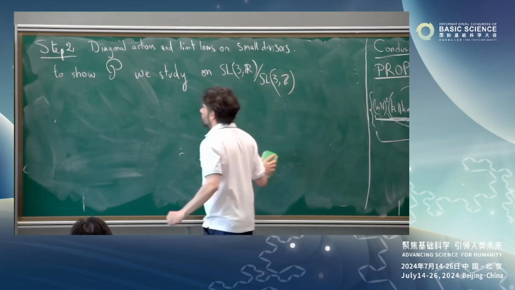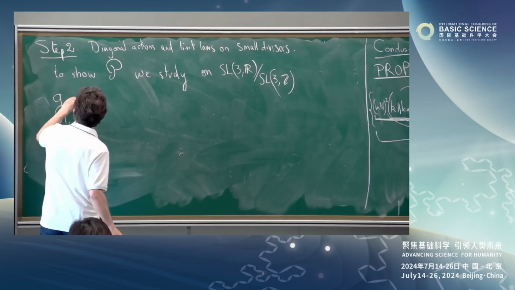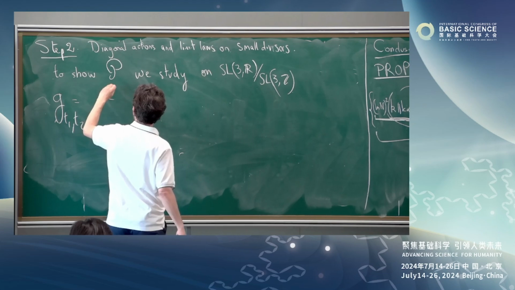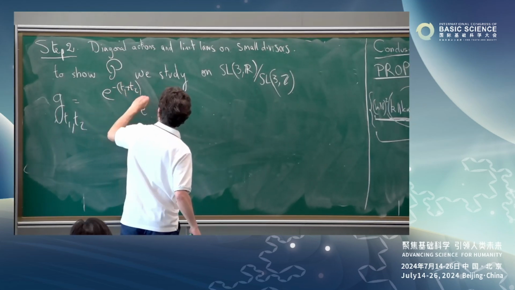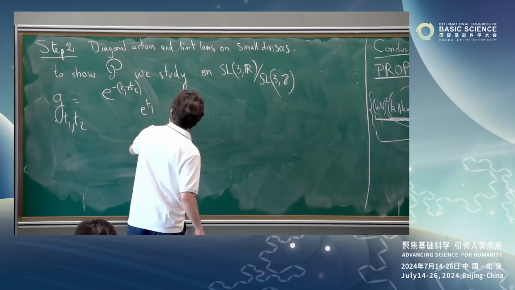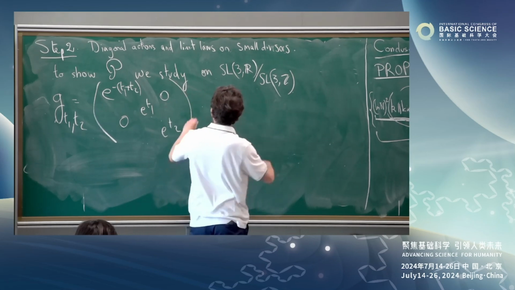We study the following action: g_{t1,t2} equals diag(e^{-t1}, ...). That's a diagonal action.